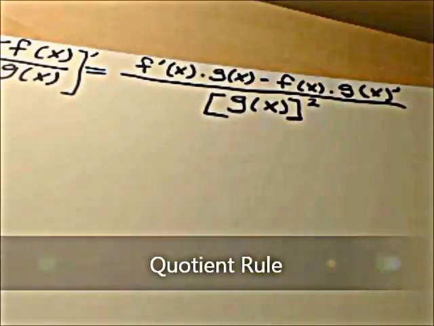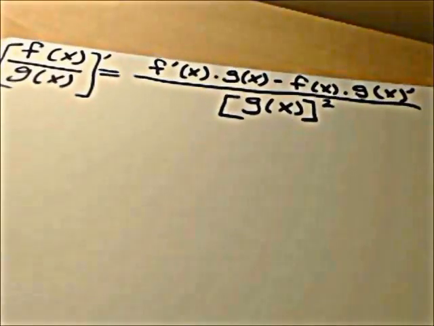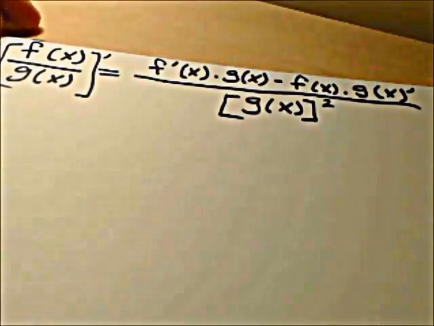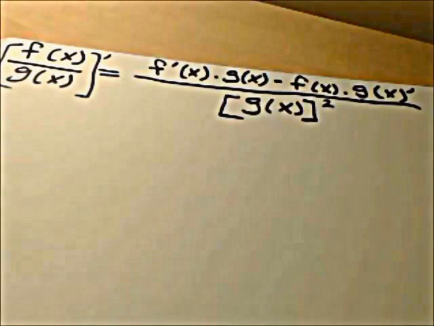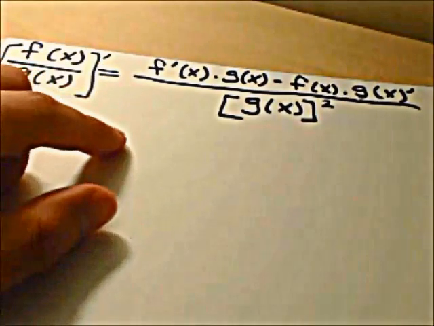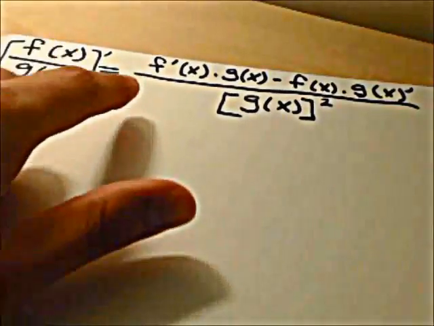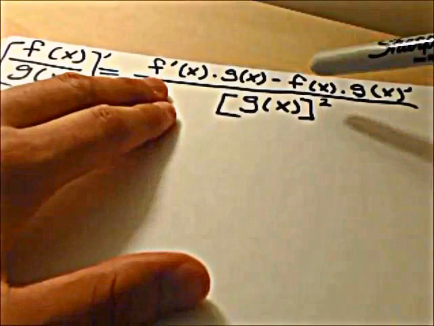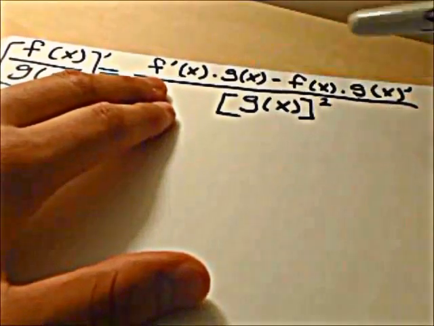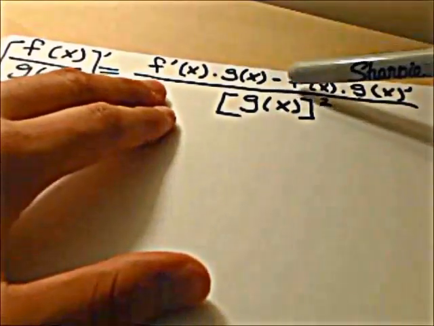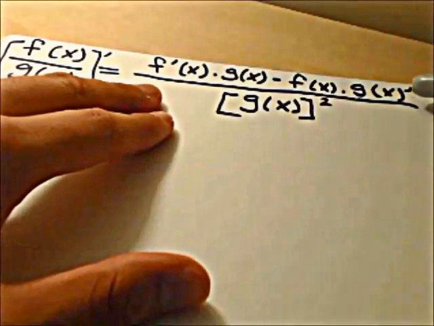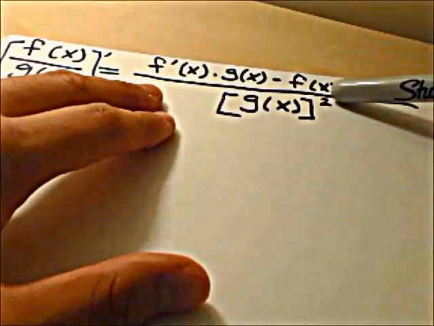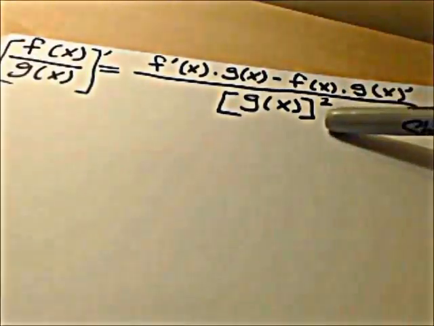Okay, in this video we're going to talk about solving derivatives using the quotient rule. The quotient rule states that if you have a function over a function and you want to differentiate, what you do is you take the differentiation of the numerator times the denominator by itself, minus the differentiation of the denominator times the numerator, over the denominator squared.